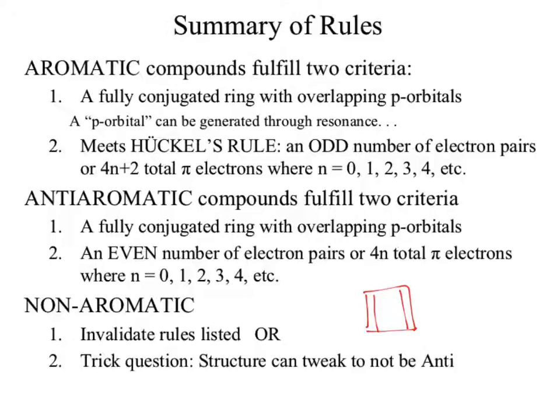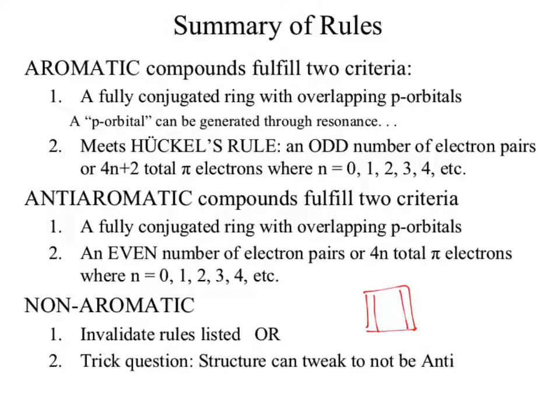Well, how many electron pairs? 2. So right away, I don't have to worry about the rest of the formula. It doesn't match the aromatic rule, so it's not aromatic. It's not non-aromatic, which means it's anti-aromatic. An even number, we have 2.